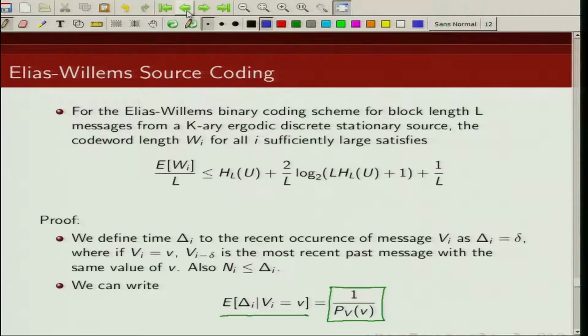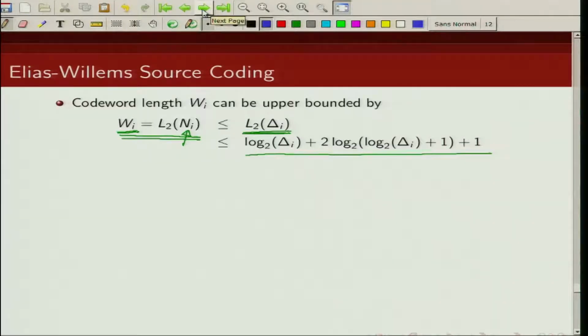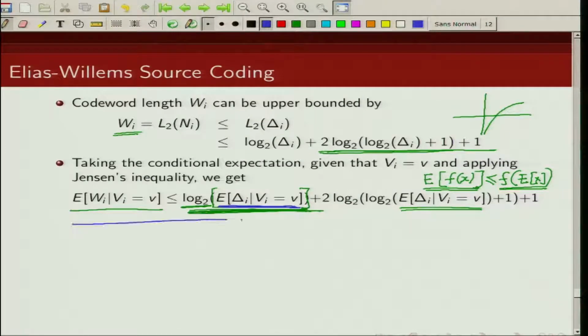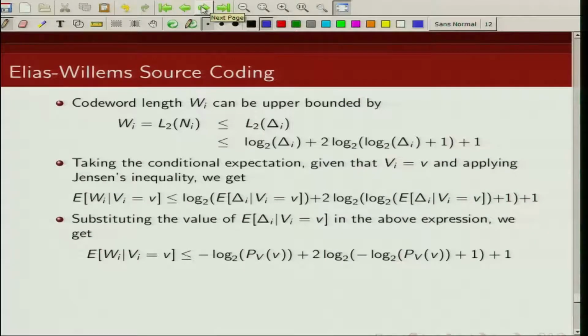From the ergodic property, we said that this is given by this. So we plug in the expected value of delta I given Vi is V into this expression. If we do that, we will get this.